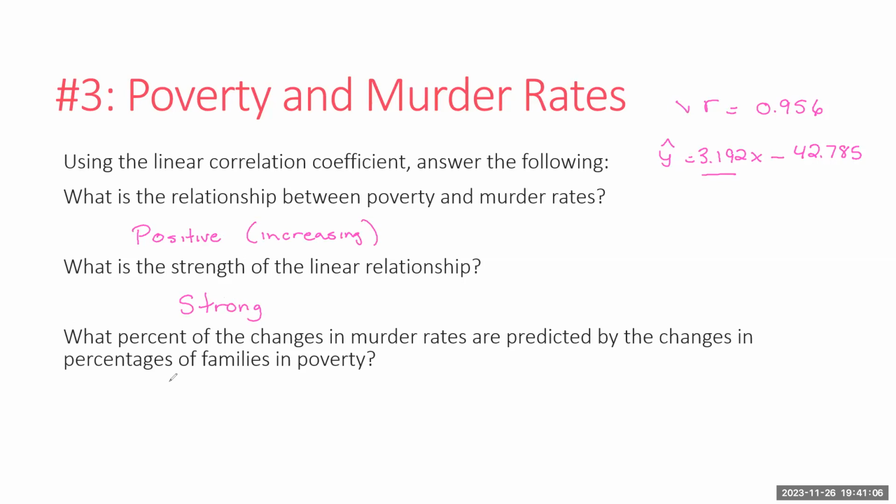Now, if we figured out our coefficient of determination, so what percentage of the change in murder rates is predicted by changes in the percentage of families in poverty? So as we said, we need our coefficient of determination, which is our R squared. So that's going to be my 0.956 squared.